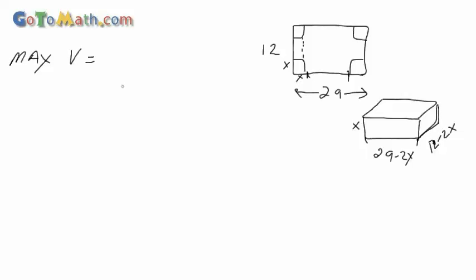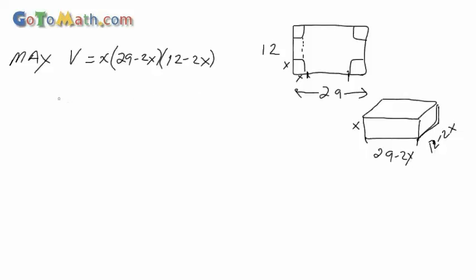So the actual volume is going to be x times (29 minus 2x) times (12 minus 2x).